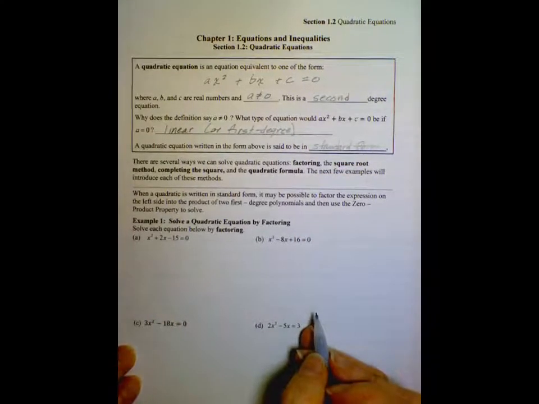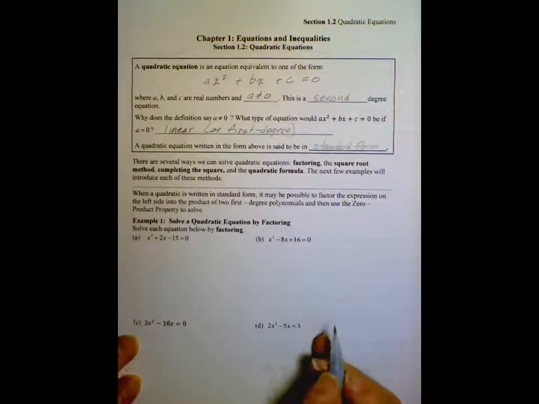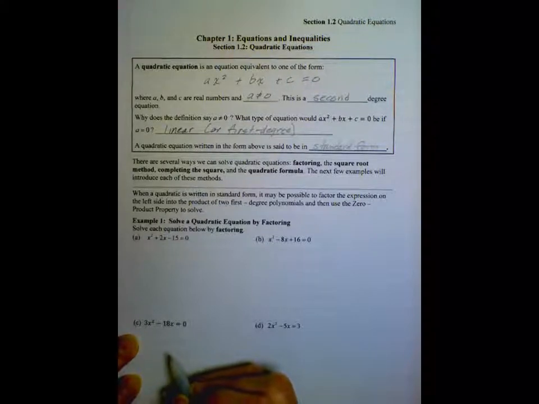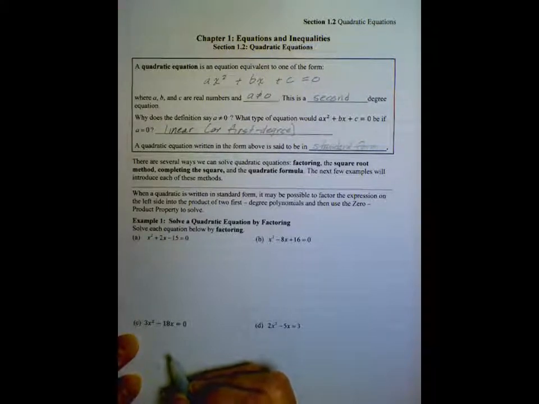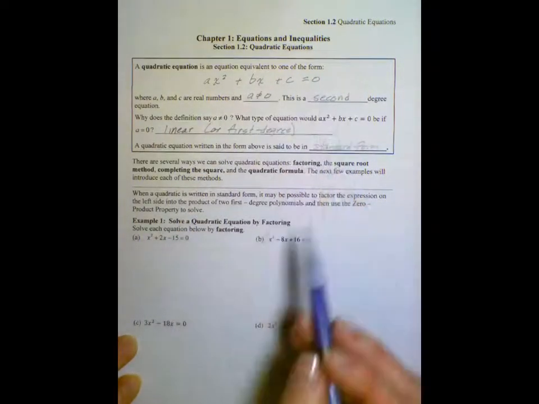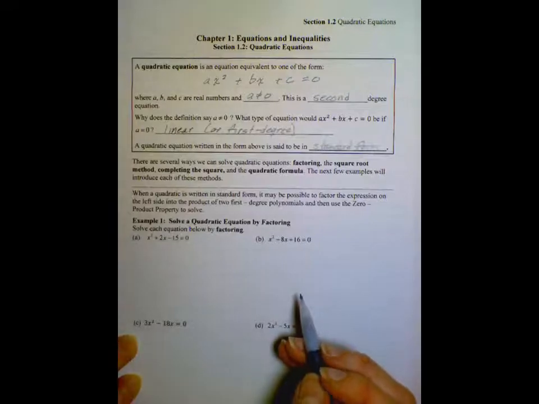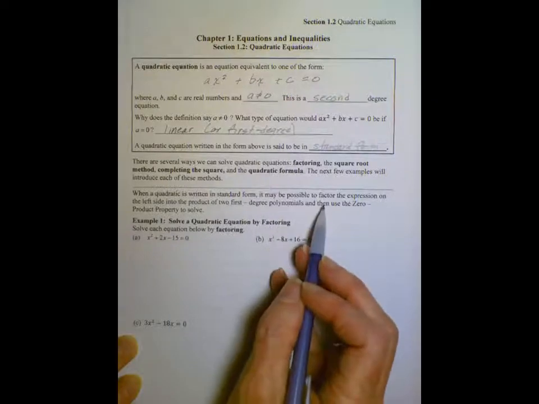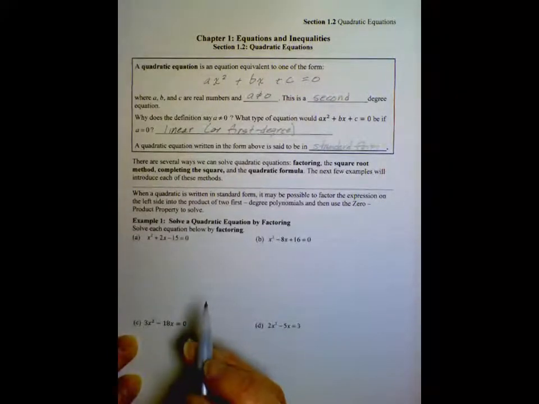There's several ways we can solve quadratic equations: factoring, if it's factorable, the square root method, completing the square, and the quadratic formula. The next few examples will introduce these methods. When a quadratic equation is written in standard form, like this, it may be possible to factor the expression on the left side into the product of two first-degree polynomials and then use the zero product property to solve.